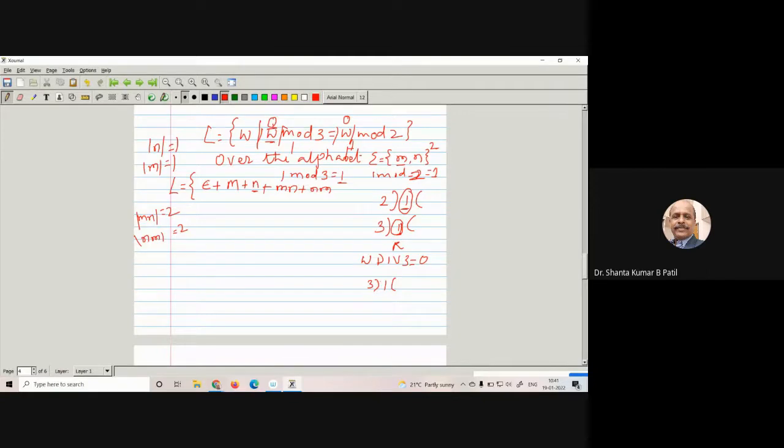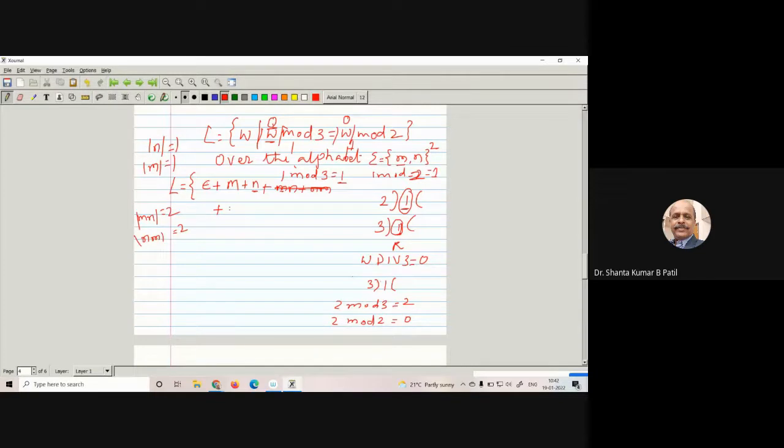It is 2. 2 mod 3 is what? 2 mod 3 is 2, the remainder. And 2 mod 2 is equal to 0. So 2 is not equal to 0. Therefore, you cannot take these two strings.